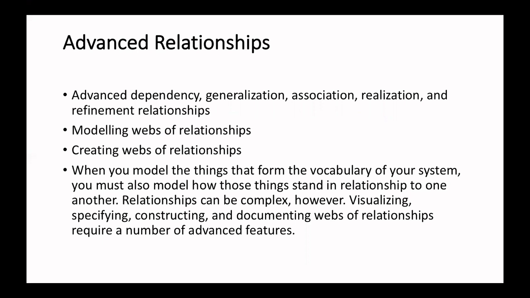Modeling webs of relationships: when you model the things that form the vocabulary of your system, you must also model how those things stand in relationship to one another. Relationships can be complex, however, visualizing, specifying, constructing, and documenting webs of relationships require a number of advanced features.